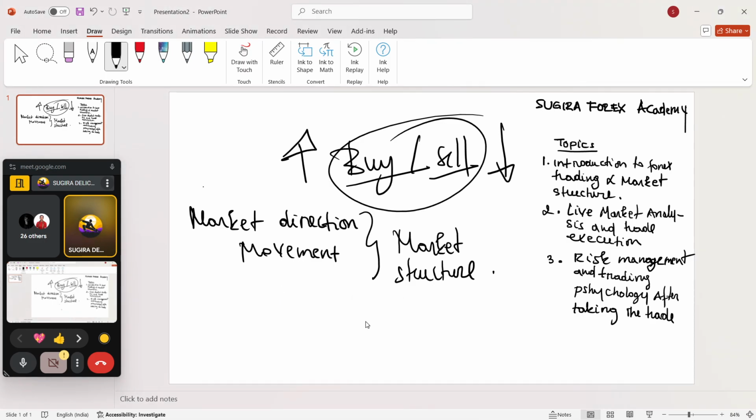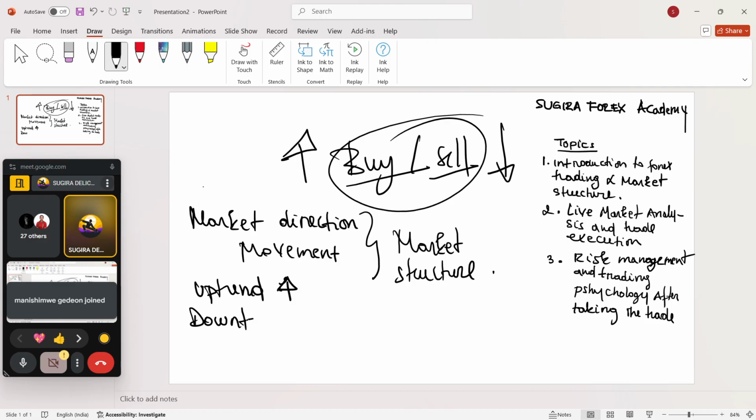So we have two market directions, or two market movements. We have an uptrend, where the market is going up, and we have a downtrend, where the market is going down.